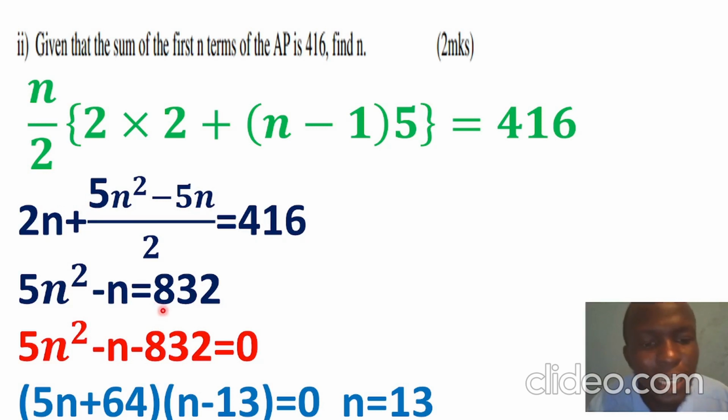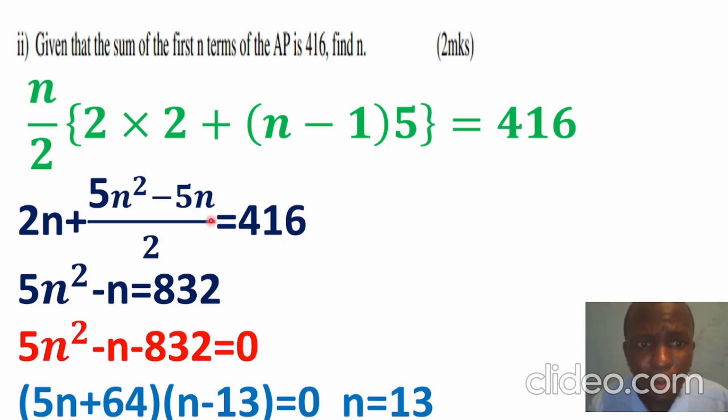So you select the method you are going to use to get n: either the factorization method, completing the square method, graphical method, or quadratic formula. But I think in this case, the quadratic formula is more relevant. So n is equal to 13.